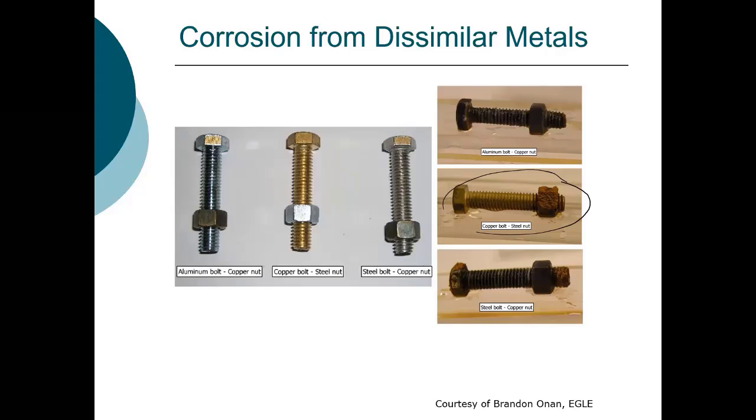So it's the steel that's being oxidized. Here is a steel bolt with a copper nut, and you can see the rust right here. So again, you can see the steel being oxidized. It's a little bit harder to see here, but we've got aluminum and copper, and it's the aluminum that is being oxidized here.